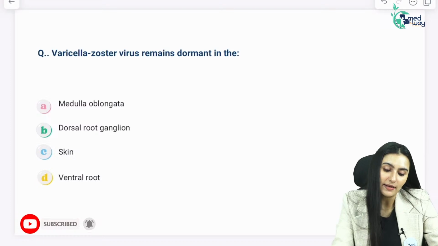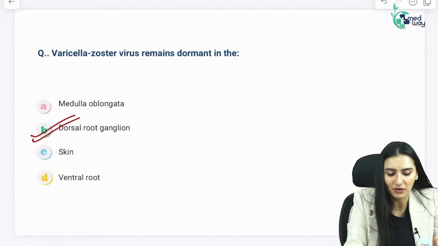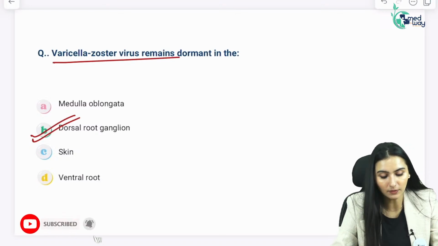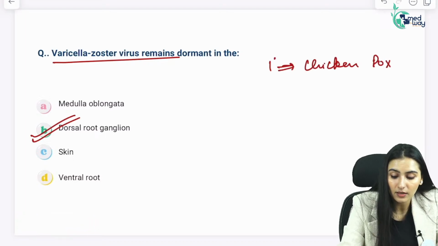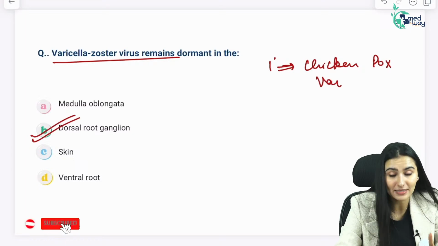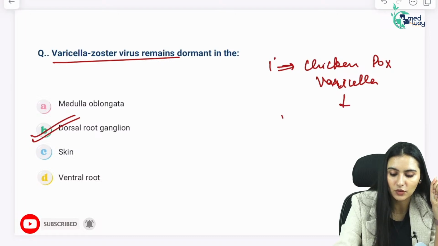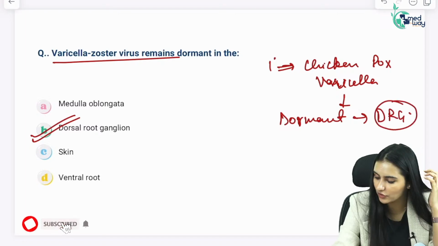Varicella zoster virus remains dormant in... It remains dormant in the dorsal root ganglia. These are very one-word questions, nothing to explain. You have to mug it up. So what happens is, first, primary infection, I have already told you, is going to be chickenpox or varicella, not varicella zoster. This is varicella. It becomes dormant in dorsal root ganglia, DRG.